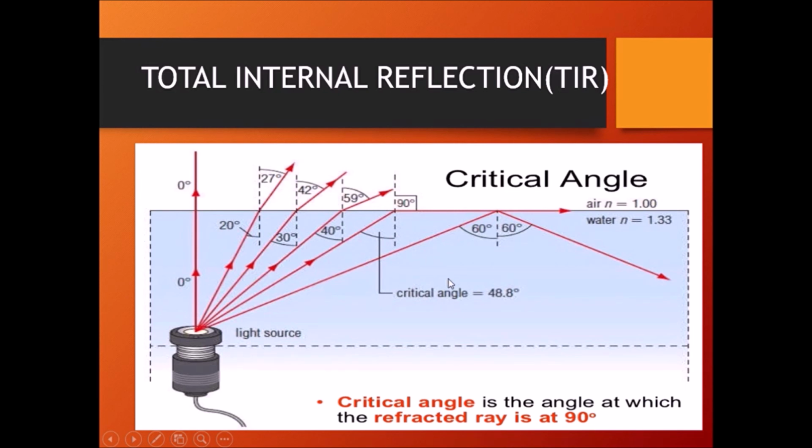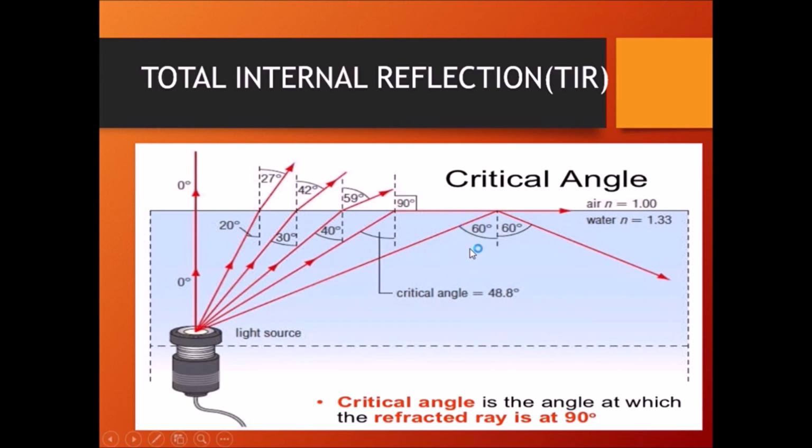I repeat, what is the critical angle? Critical angle is that angle of incidence at which the angle of refraction is 90 degrees. So this angle is called the critical angle, because at this angle the angle of refraction is 90 degrees.